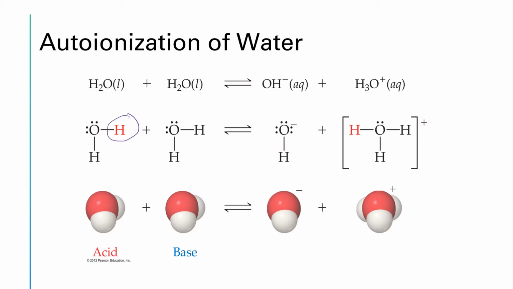This proton is going to transfer over to this water molecule, leaving behind this hydroxide ion and a hydronium ion. And so that's being illustrated three different ways. We're showing just regular chemical formulas in the first row. We're showing the Lewis dot structures in the second row. And then down in the bottom, we're showing space-filling models of two molecules of water undergoing this process.